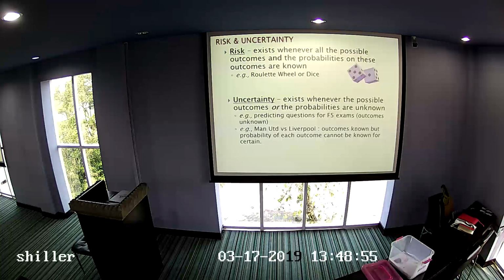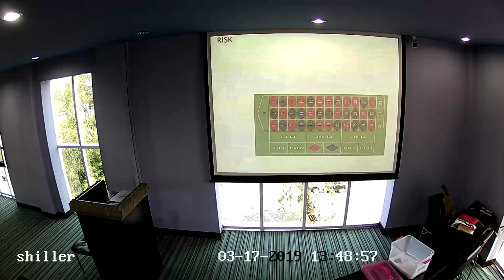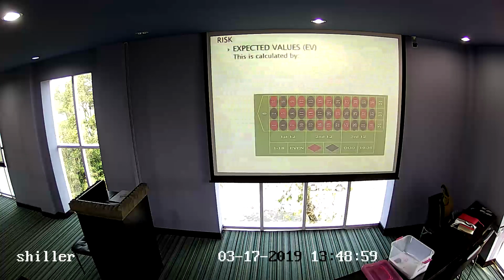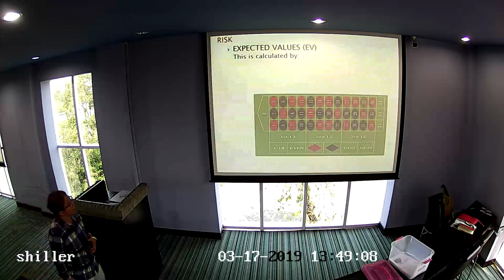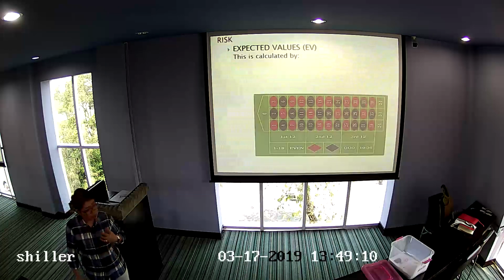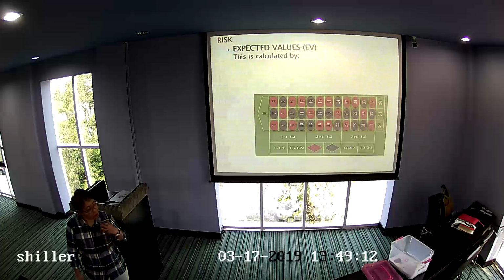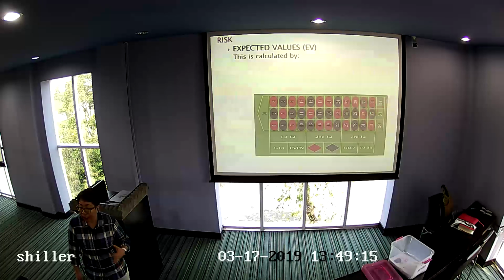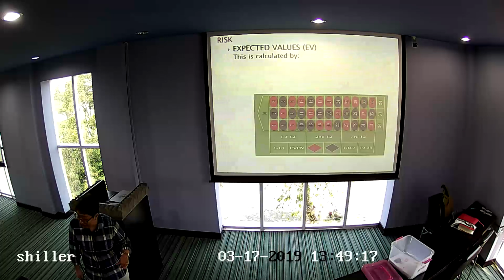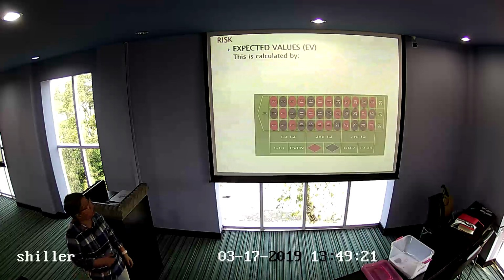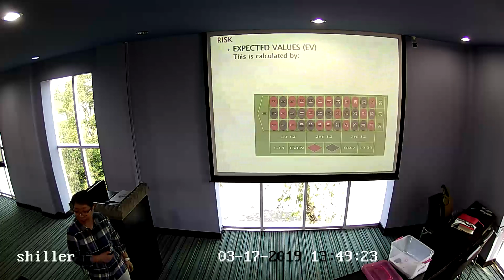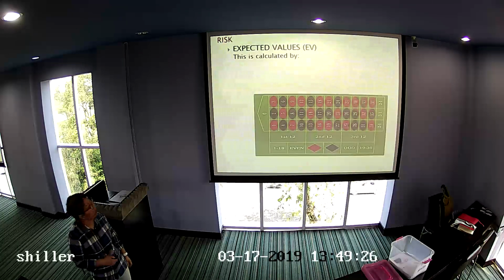Okay, uncertainty versus risk. Now let's talk about risk again. Okay, one way to use in terms of calculating and making decisions when it comes to risk. Now remember, in risk, what did they say? There is a possible outcome and there is probability. You understand? So, because you have these two, you can calculate expected values. How do I calculate it?